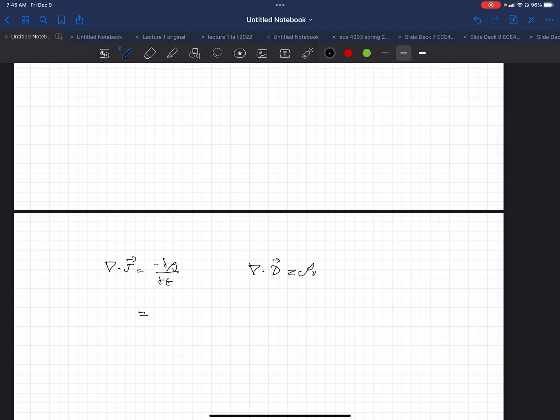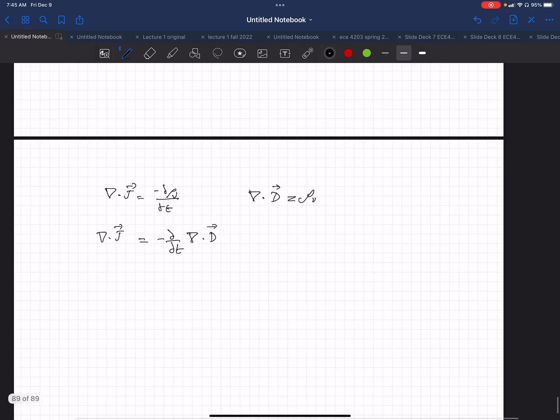So this is equal to minus the derivative with respect to time of the divergence of D. Okay. And then we can change the order of the operations here.